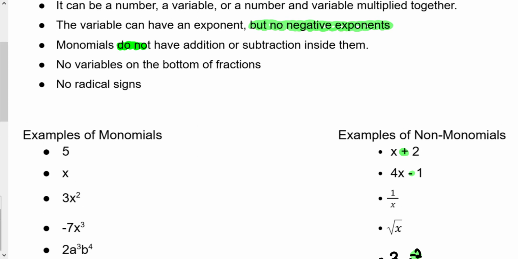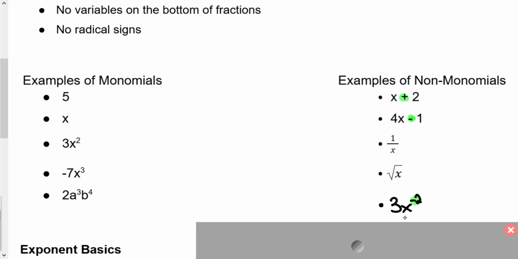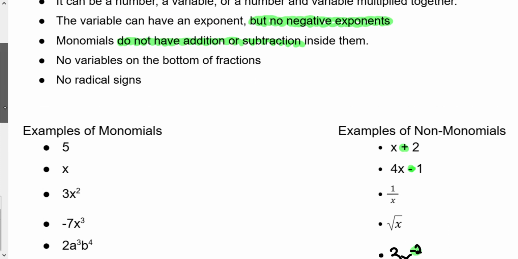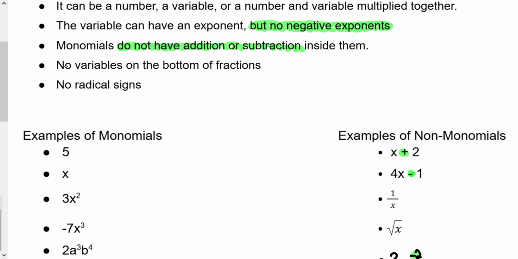So let's put some color on that. Monomials do not have addition or subtraction in them. So that way you can see, hey, not a monomial, not a monomial. If it's got a negative exponent, not a monomial. What else do we have over here? No variables on the bottom of fractions.